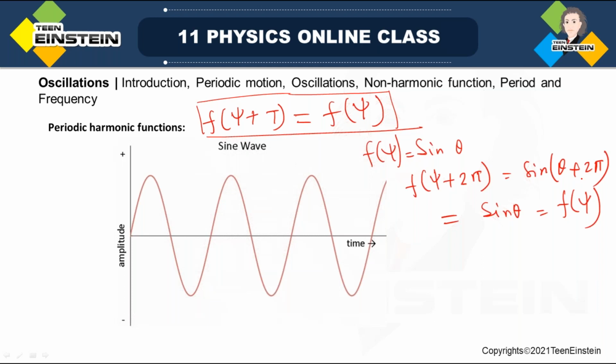If this function is not an angle, if it is in terms of time, suppose this is f of t is equal to sine of 2 pi n by t.